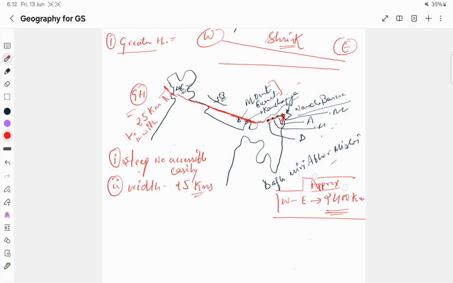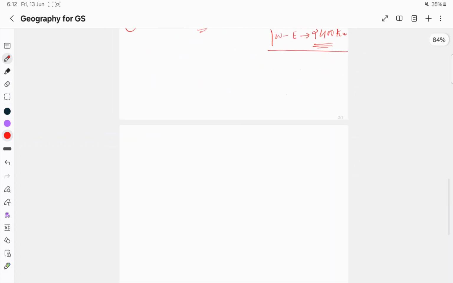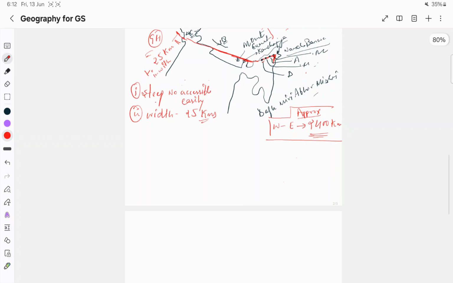Starting from the Greater Himalayas, being the northern part, do you know the history of Himalayas? How they have been formed? You need not dig deeper into the history. You just need to know that there was a Eurasian plate, and there was the Indian peninsula plate.